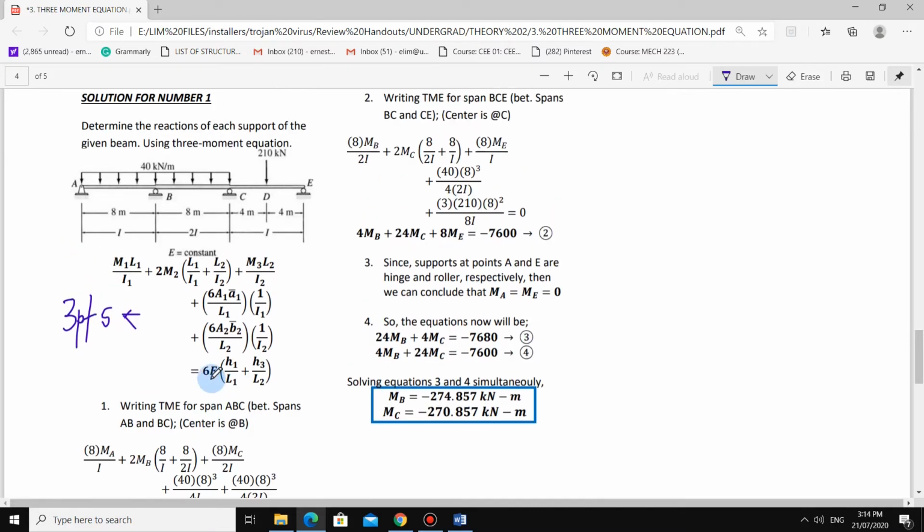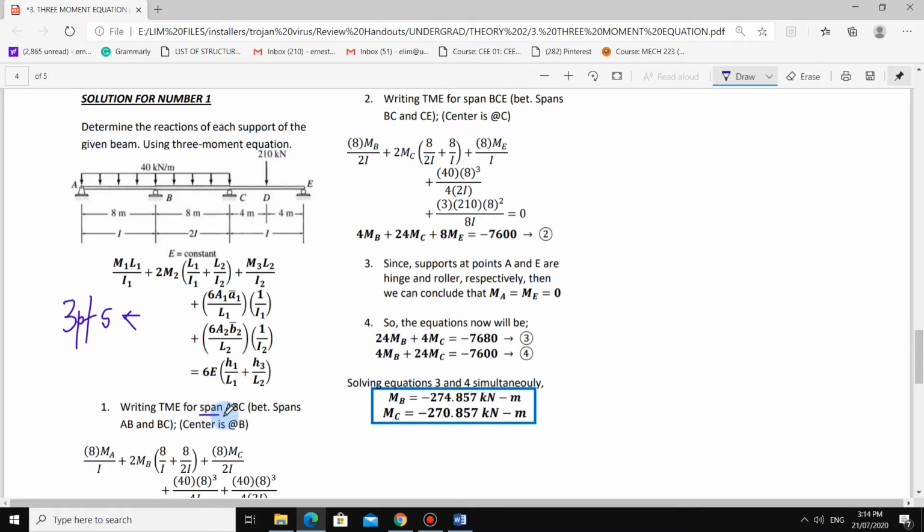In this case, the first is span ABC. So the first points are A, B, and C, between spans AB and BC. Again, with 3 points, the first thing to find is the center support, so that after getting the center support, you get the two adjacent supports.